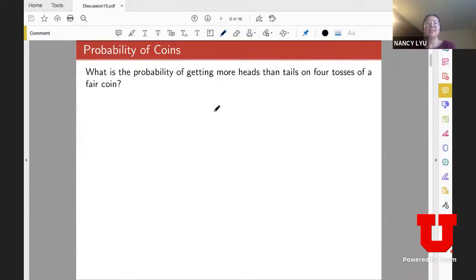Okay, so it asks, what is the probability of getting more heads than tails on 4 tosses of a fair coin? So what are the possible ways to have more heads than tails of 4 tosses?